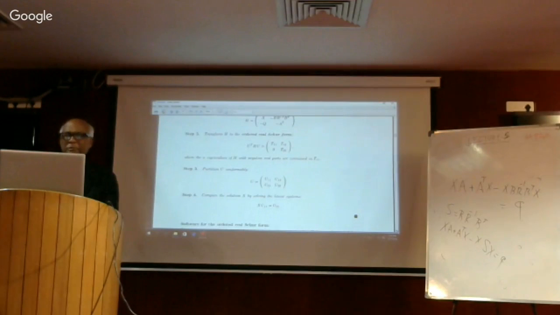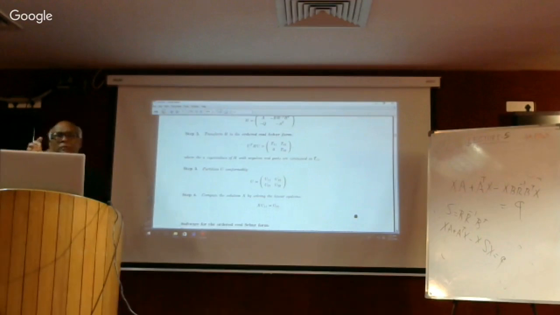In theory, X is nothing but U21 times U11 inverse, but you don't want to do that in a computational setting. You don't want to invert the matrix U11, so you solve the linear system. Yes, that's it. It can be shown that if you do this, X is the stabilizing solution of the Riccati equation.